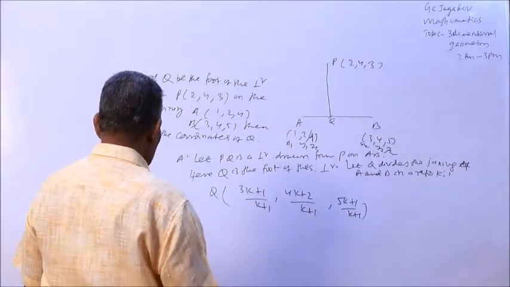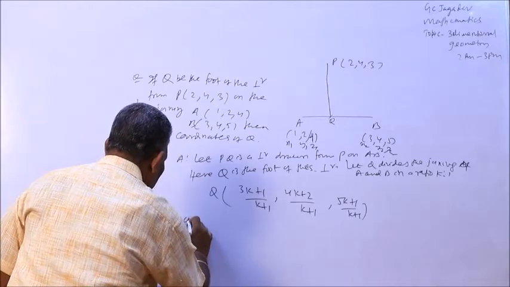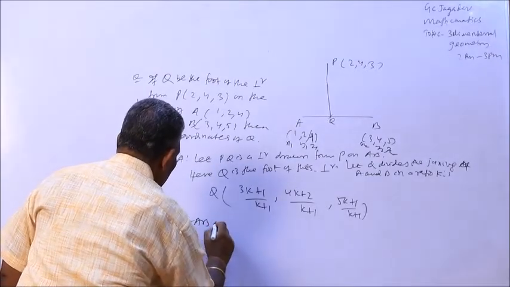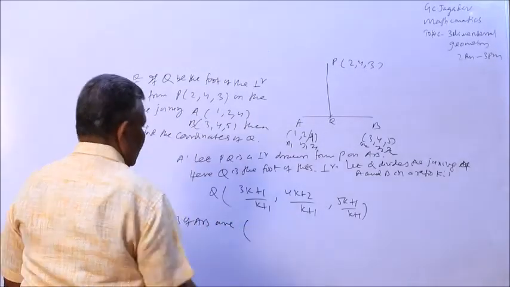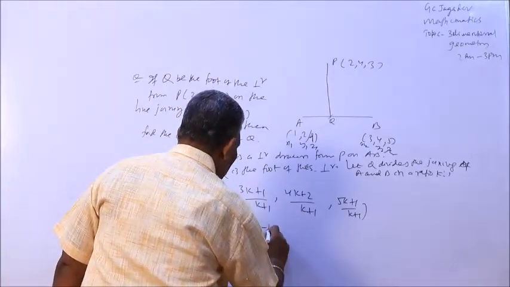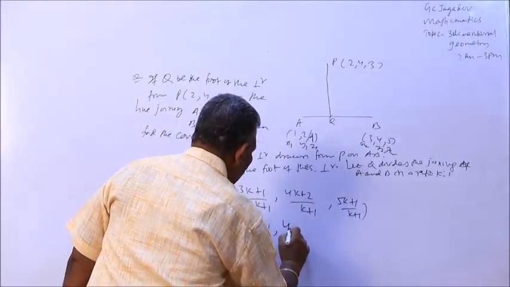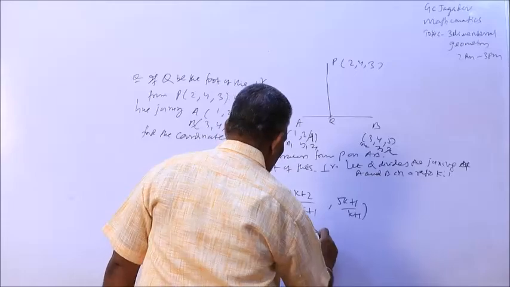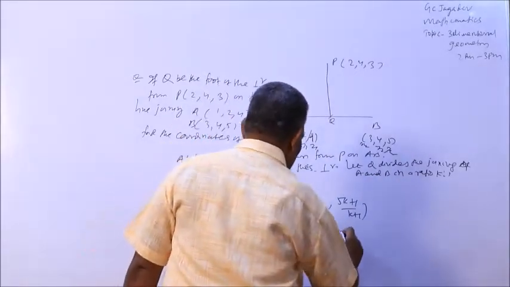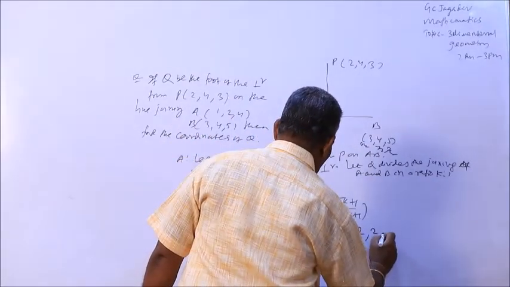Now, we can find DRs of AB: 3 minus 1, 4 minus 2, 5 minus 4. That is 2, 2, 1.